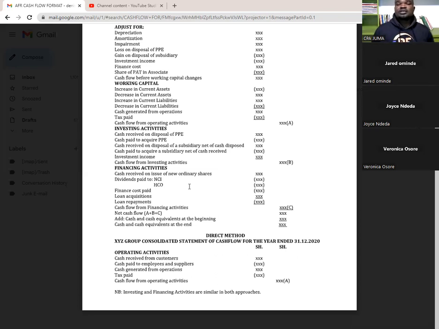You say cash and cash equivalents comprises of cash in hand and bank, short-term investments, and any liquid assets which can be converted into cash.